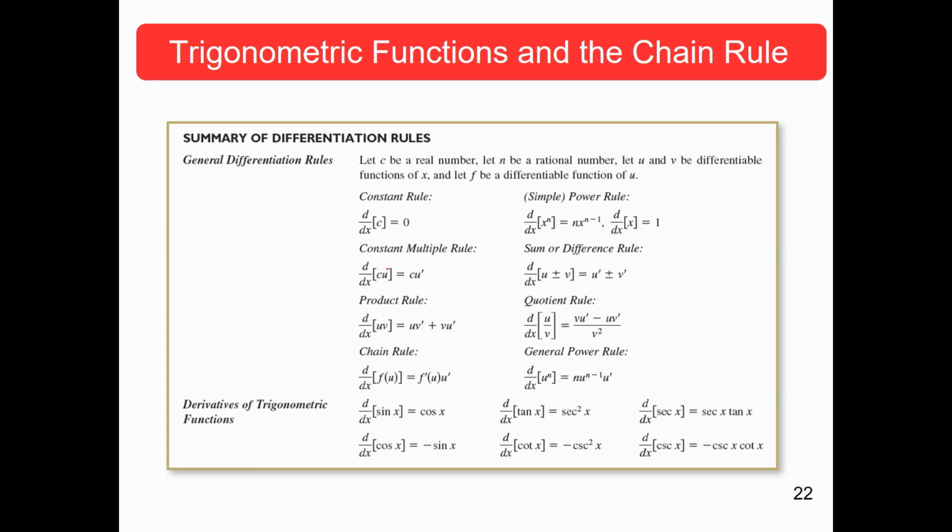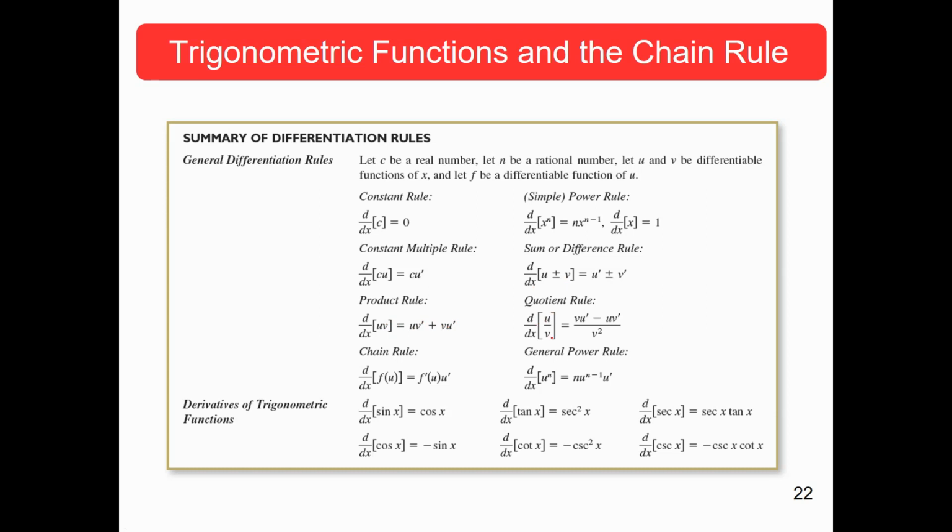And notice that we're jumping over into this u version where u is some function of x. Sum or difference rule. u plus or minus v is just u prime plus or minus v prime, where u and v are just functions. Product rule. u times v is now u v prime plus v u prime. First times the derivative of the second plus second times the derivative of the first.